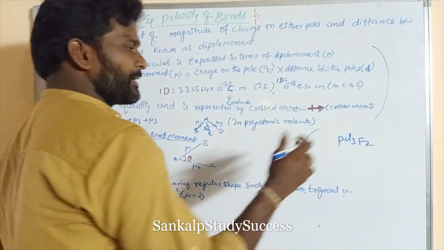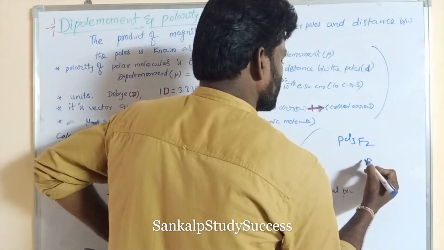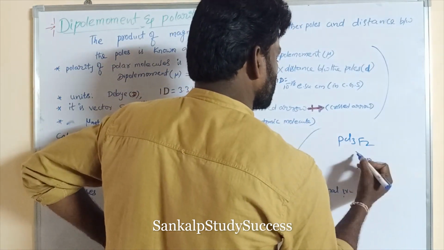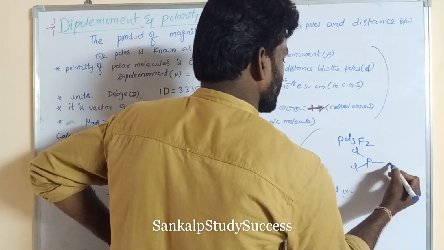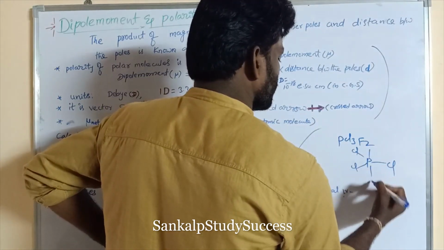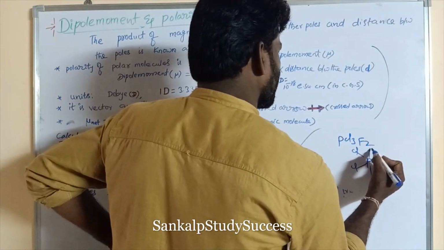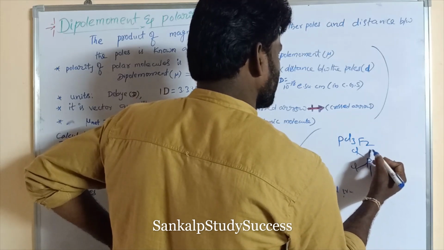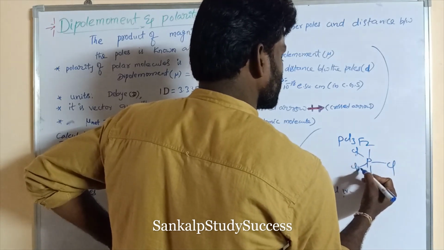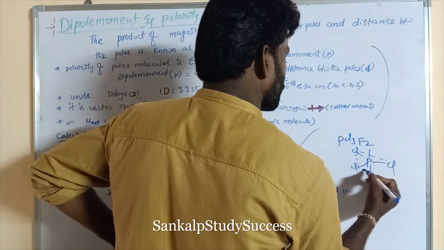In this type of molecule the shape is trigonal bipyramidal. The more electronegative atom is always present at the axial position, and the less electronegative atom is present at the equatorial position.